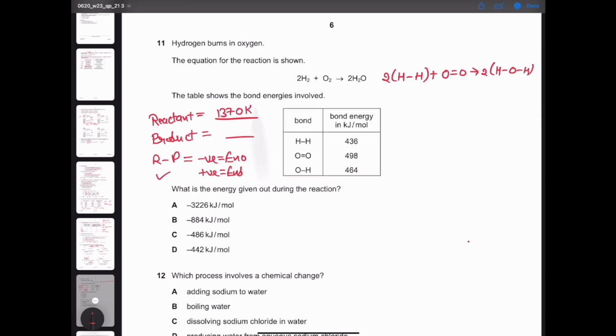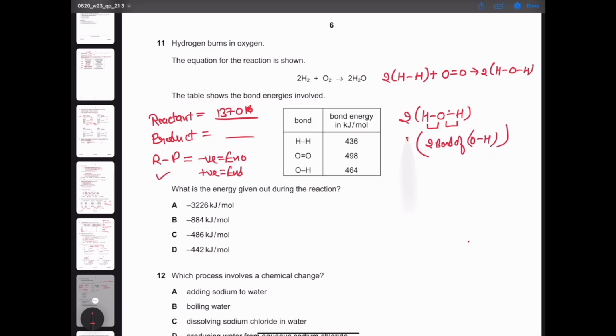All right. The product, now, a lot of students end up making mistakes in the product. Just think about it. You have two molecules of H2O. Let's first of all count the number of bonds in one molecule. There is one bond and there is another bond. So there are two OH bonds in one molecule of H2O. Now this is times 2.